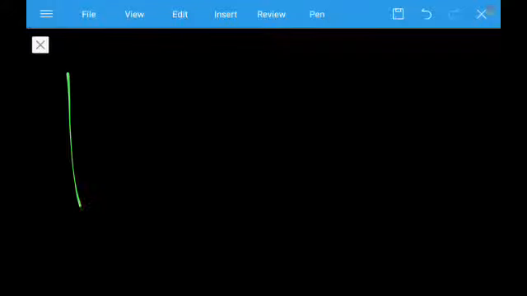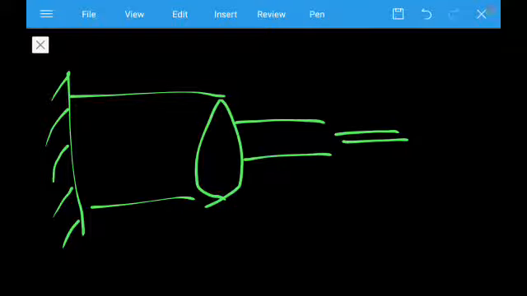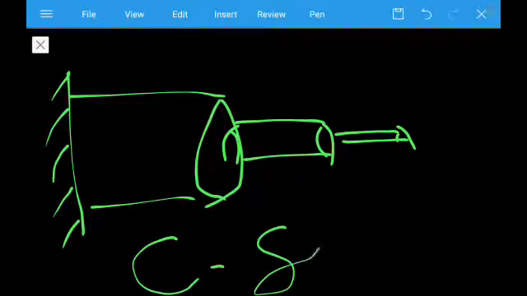Now for the compound shaft, what is a compound shaft? If the shaft has varying diameter, then it's a compound shaft.